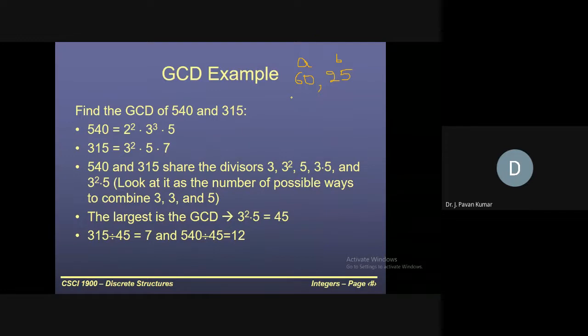What we can do is, if one particular number, let us say C, can divide both the numbers, then let us consider 25 as A. And what's the difference between 60 and 25? 35, isn't it?